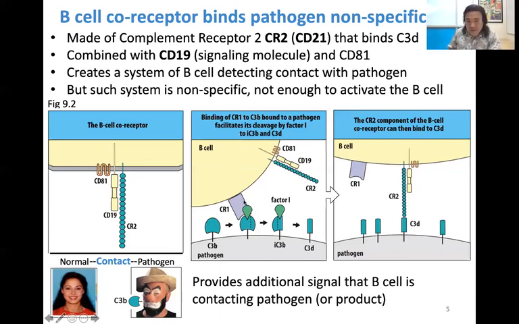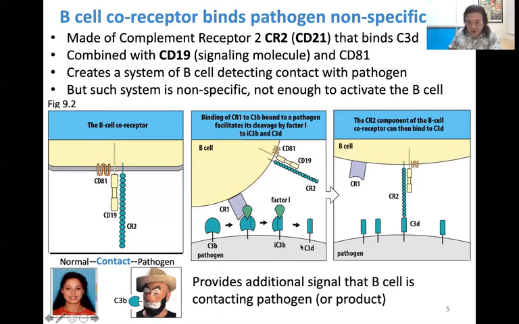When the B cell binds to C3b with its CR1, that actually encourages factor I to come and cut the C3b. You end up with this little leftover scrap of the C3b, which is now called C3d. That is what the B cell co-receptor complex picks up on.